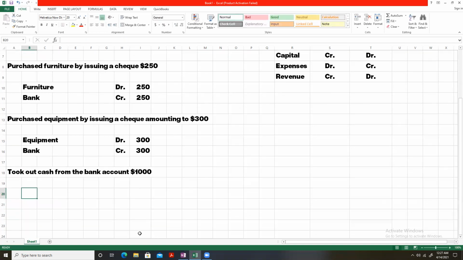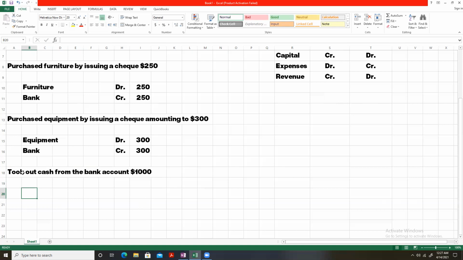So what will happen? Now in this transaction, what is actually happening is that we are taking out cash from the business's bank account for the business use, not for personal use. Because if the cash is taken out from the bank account for personal use by the owner, then that will be a drawing.